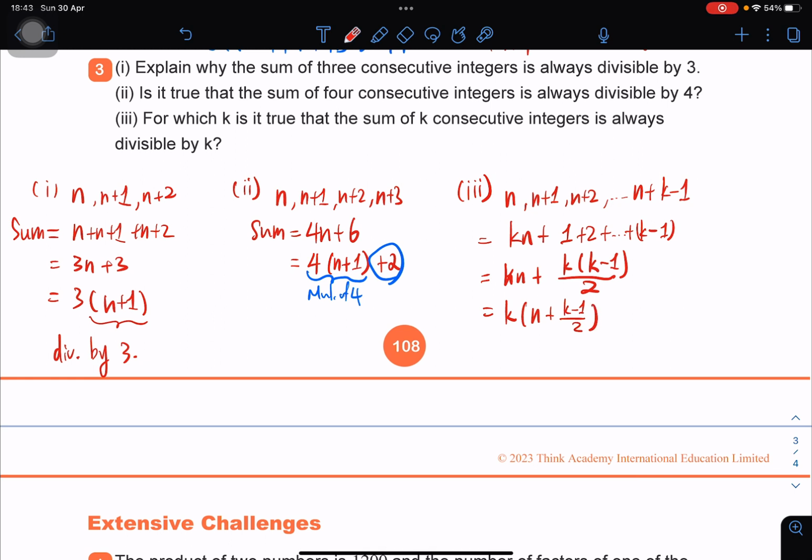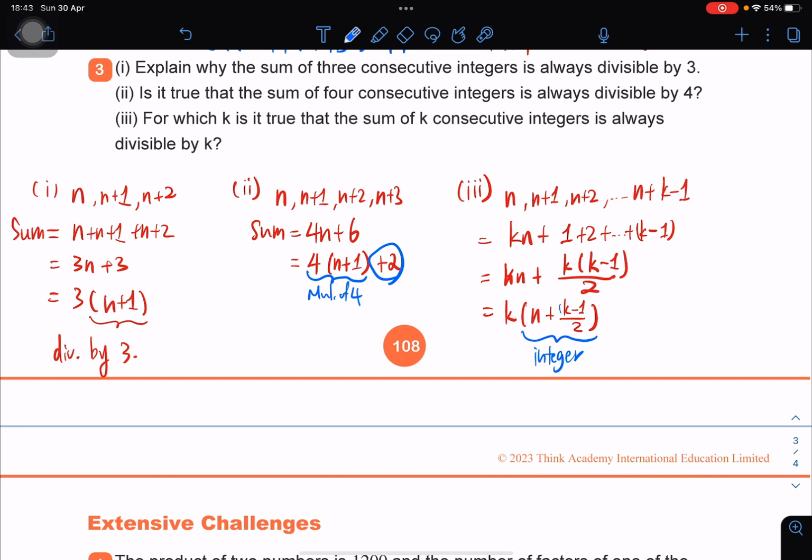So, when whatever is inside the bracket is an integer, then it means that k is definitely a factor of the whole number, because I have already extracted the k, right? So how would whatever is inside the brackets be an integer?